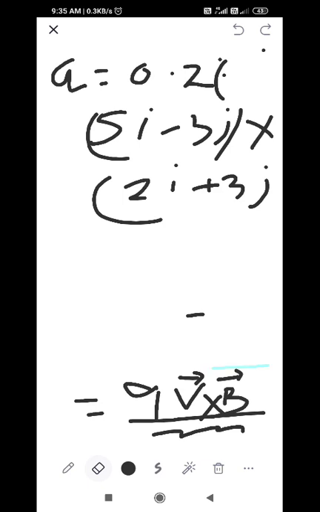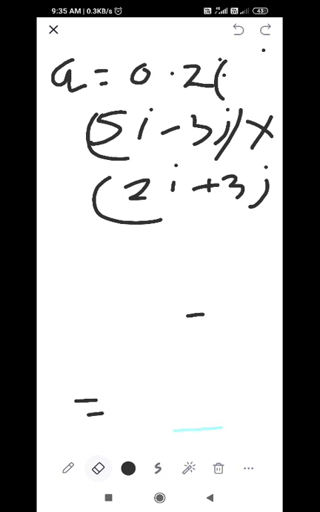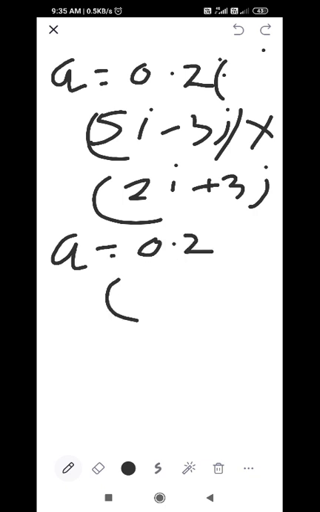You can find the cross product. In cross product, you remember that the terms containing I cross I, J cross J, K cross K are equal to 0. So we will get A is equal to 0.2 into, 5 I cap into 2 I cap, that is 10 I cross I, that is equal to 0.